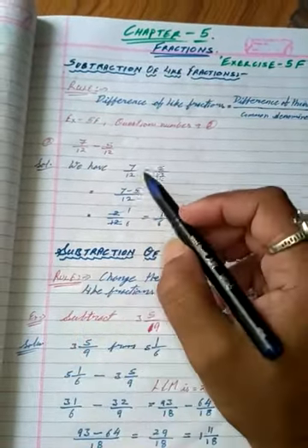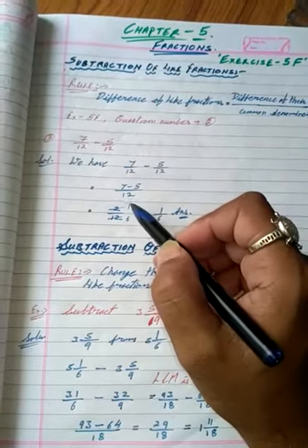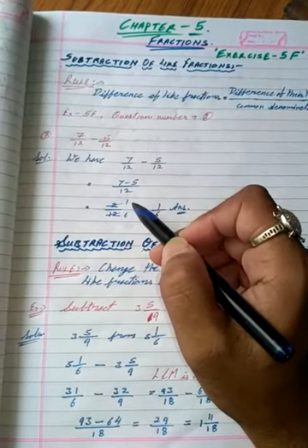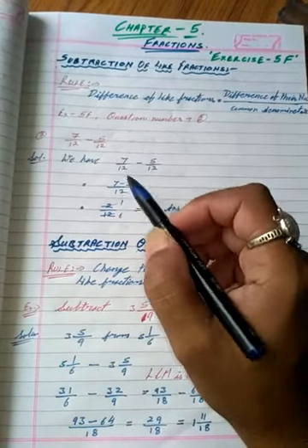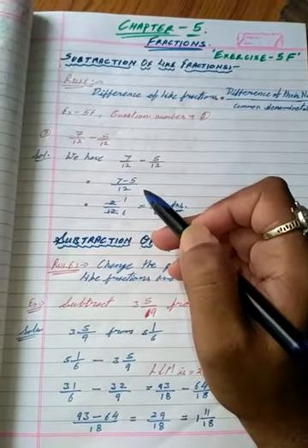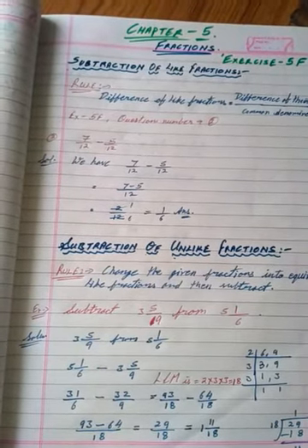So now we have to subtract them. What will we do? We subtract only the numerators, not the denominator. You will subtract only the numerator.